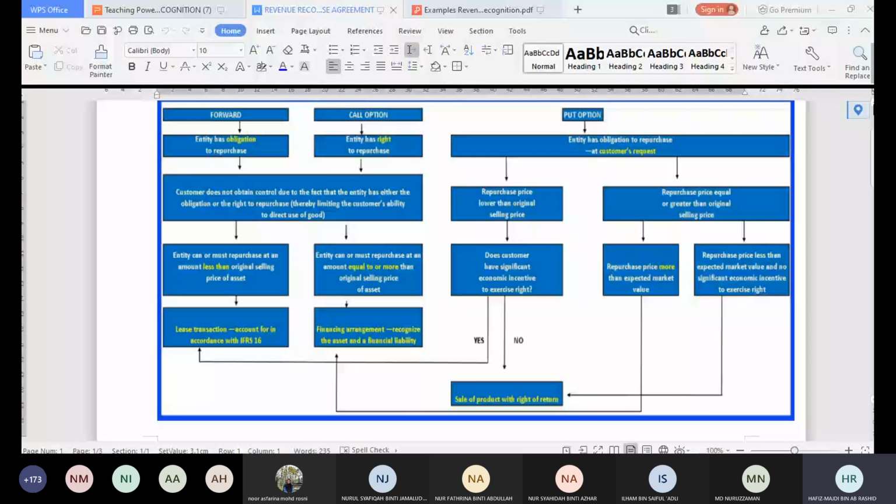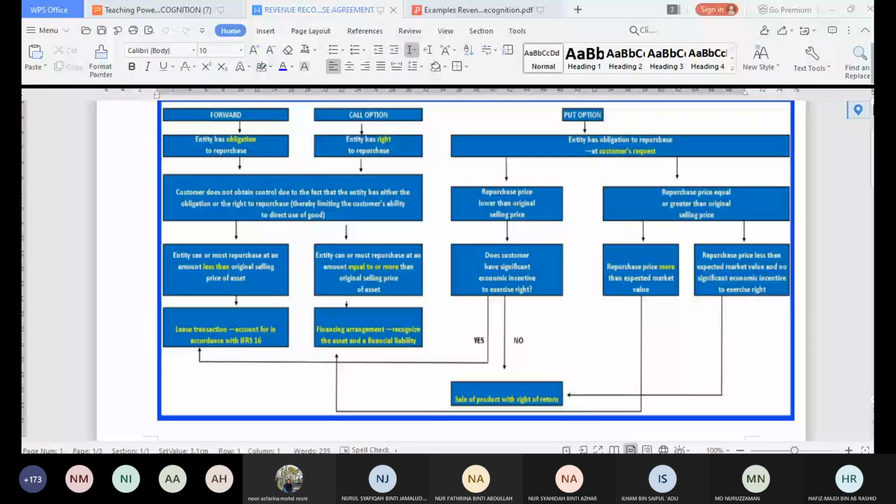In the put option, it is at the customer's request for the company to repurchase. For a forward and a call option, it is the company itself that puts a condition that it has a right to repurchase.